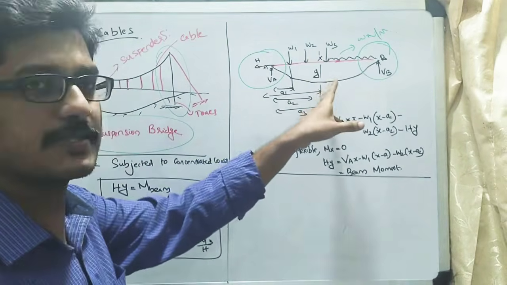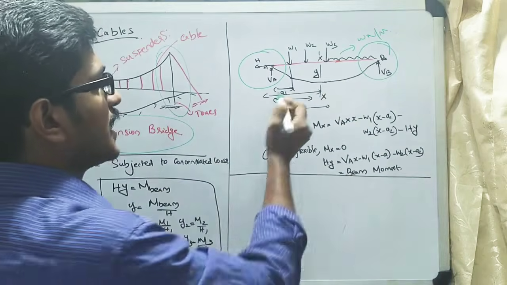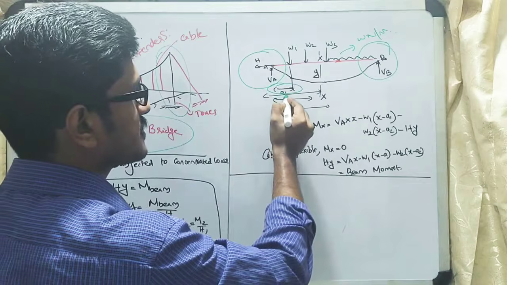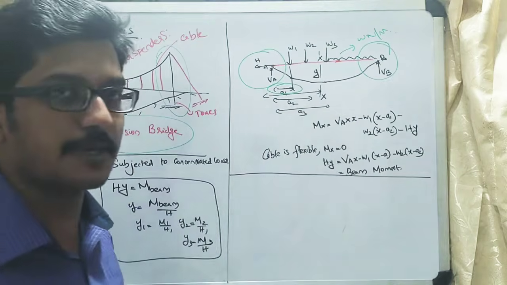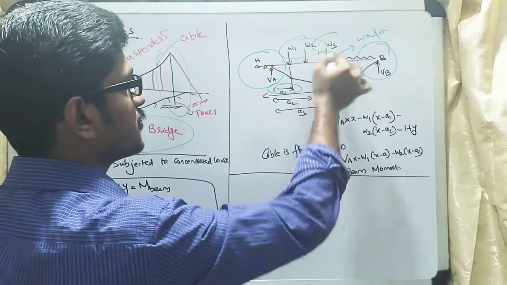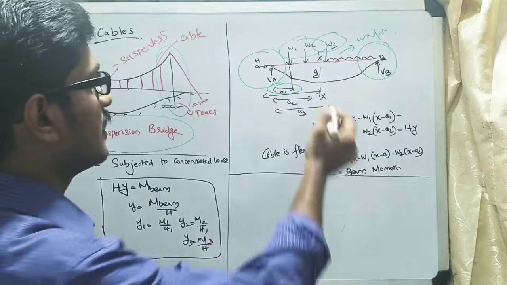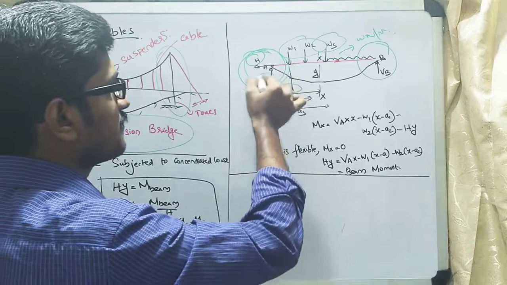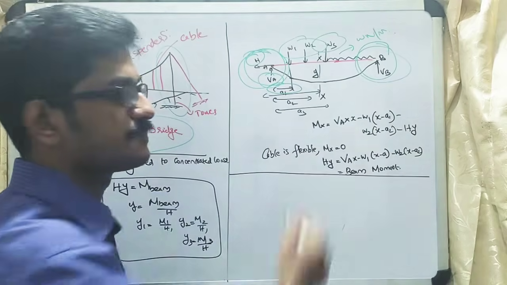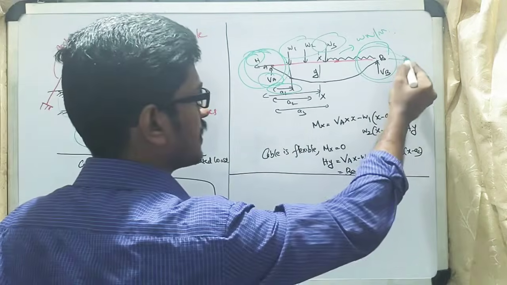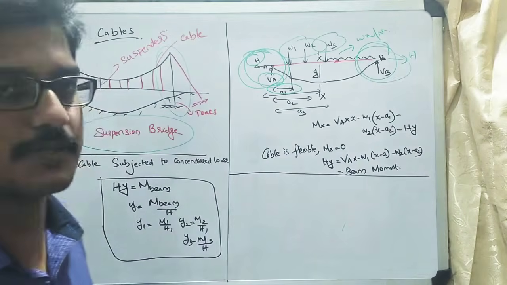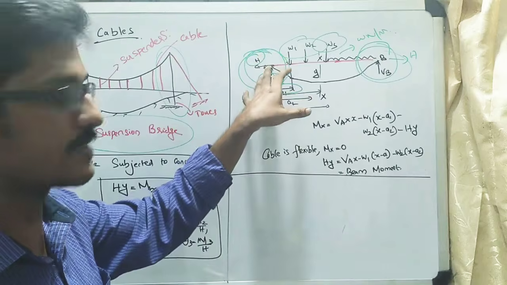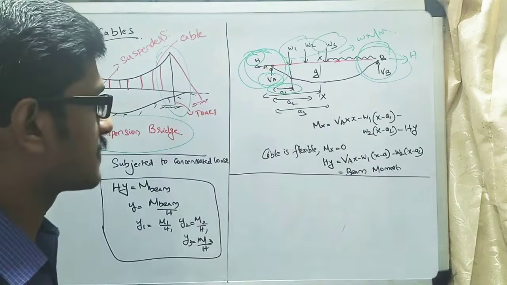The distances of each load from this position are A1, A2 and A3 respectively for W1, W2 and W3. And the support reactions are a horizontal thrust and a vertical reaction at both ends. Here also one horizontal component is there. We will call this the horizontal thrust and the vertical component.